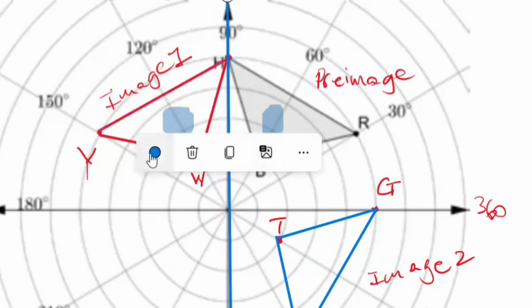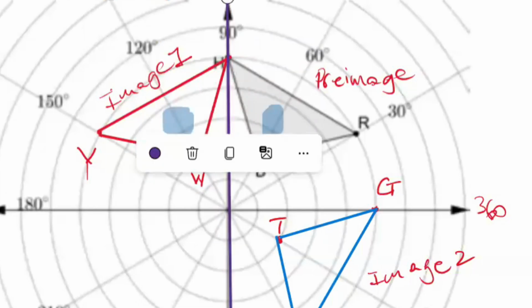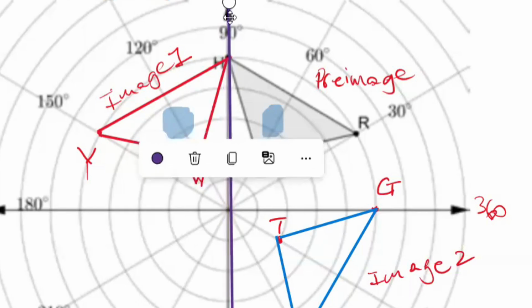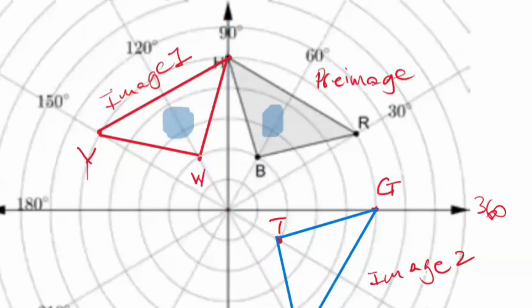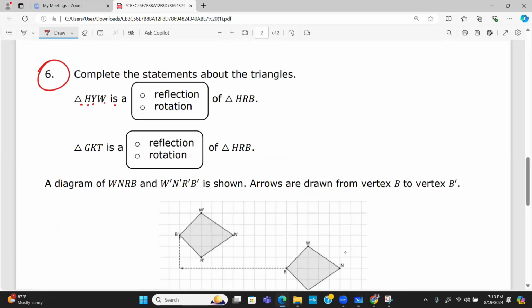So I'm actually seeing a reflection where that purple line that I just put here is the mirror for it. So it's a reflection. Let's go back to it. So it's a reflection, so we want to tick this off.